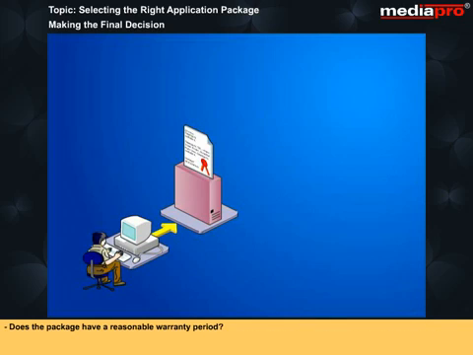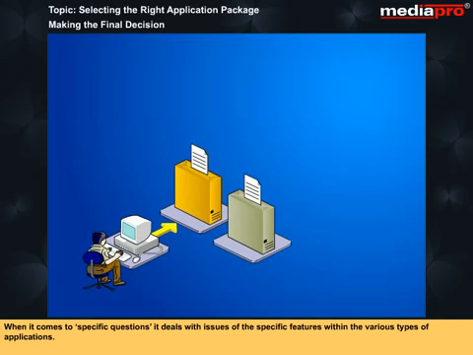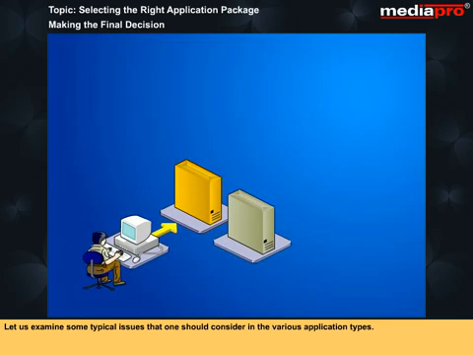Does the package have a reasonable warranty period? Do the package features and functions represent good value for money? When it comes to specific questions, it deals with issues of the specific features within the various types of applications. Let us examine some typical issues that one should consider in the various application types.